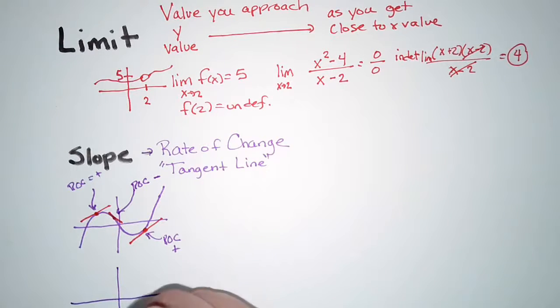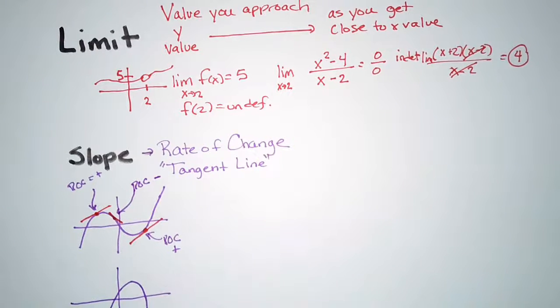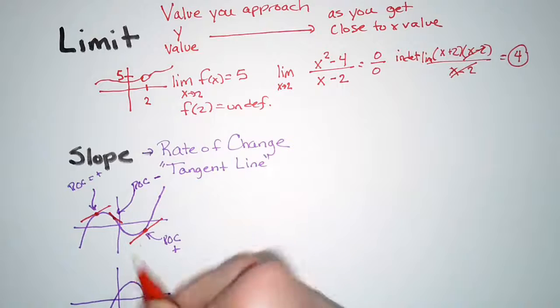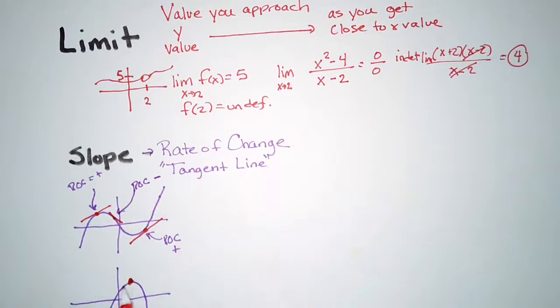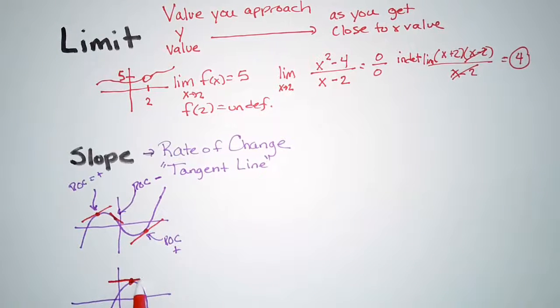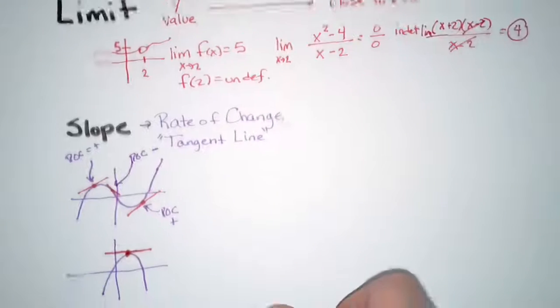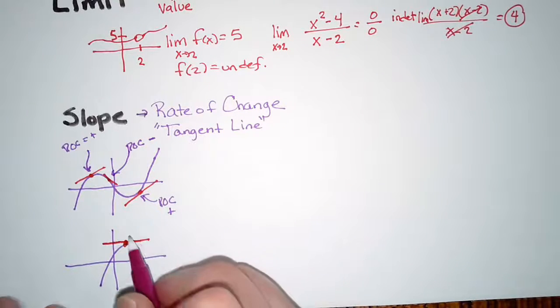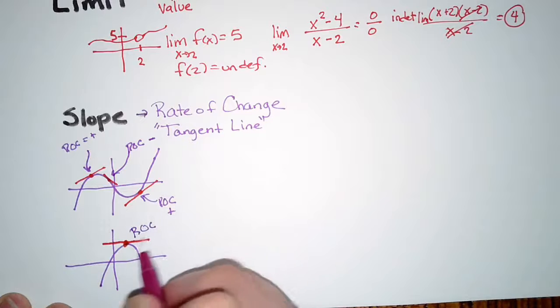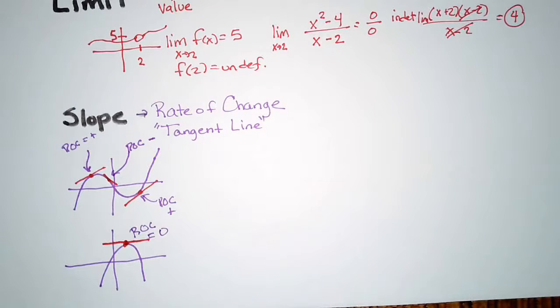And if you were to guess, what do you think the slope is, or the rate of change, at this point right here? Well, I'll draw a tangent line. And how much slope does it look like it has? It looks like it has none. So the rate of change right here is 0 when it has a flat tangent line. So that's graphically how slopes and rate of change works.